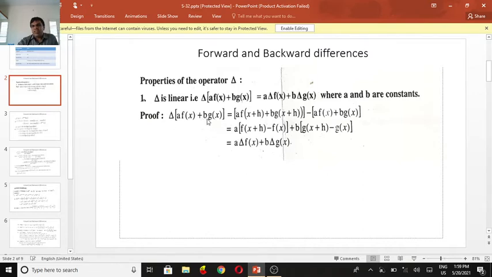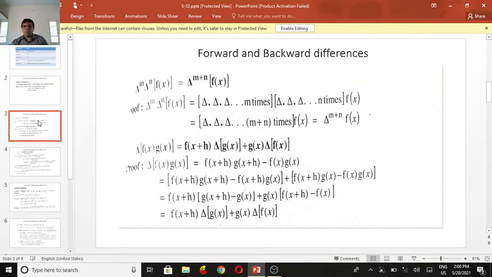Since del is linear, we can write a del f of x plus b del g of x. If we apply del to a f of x, we get a times f of x plus h minus f of x, plus if we apply del to b g of x, we get b times g of x plus h minus g of x. Taking a and b as common, this is a times f of x plus h minus f of x, plus b times g of x plus h minus g of x. Again, this is a del f of x plus b del g of x.